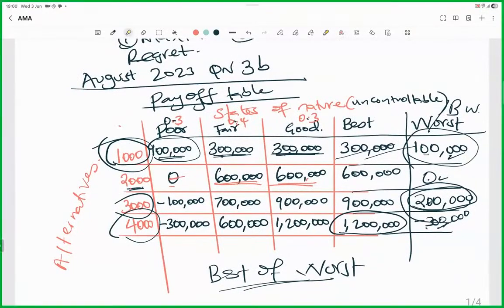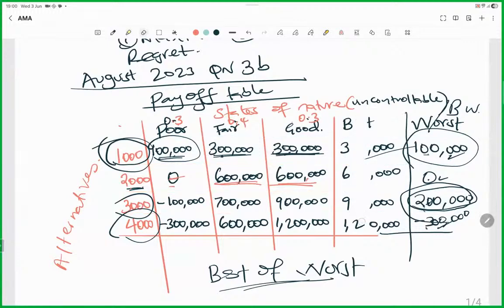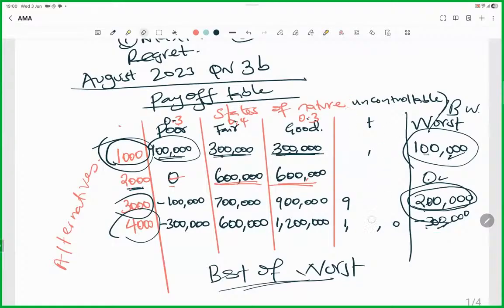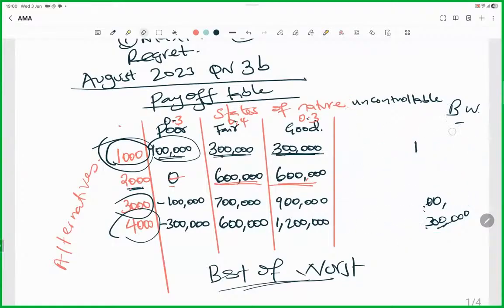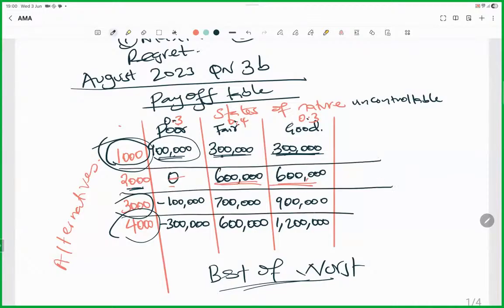So this original table, we don't have these columns. These are for maximin. So what we have are these three, actually 4 rows.